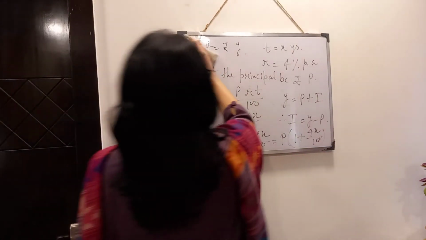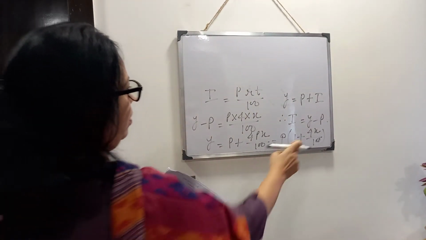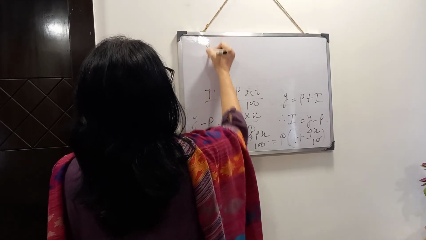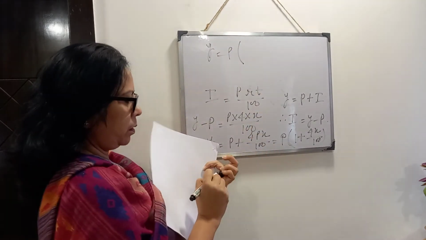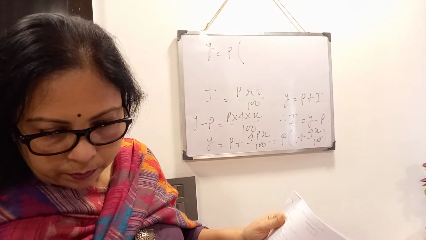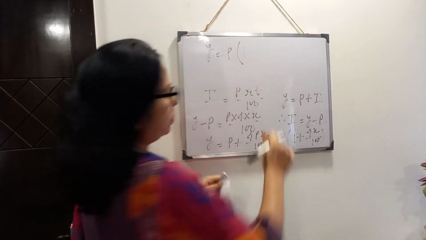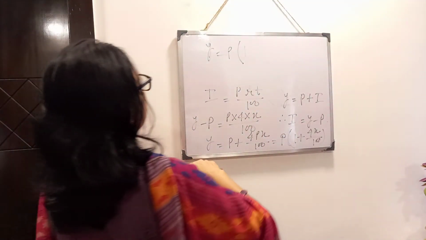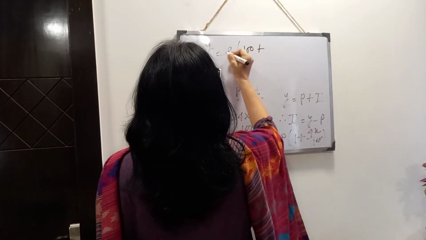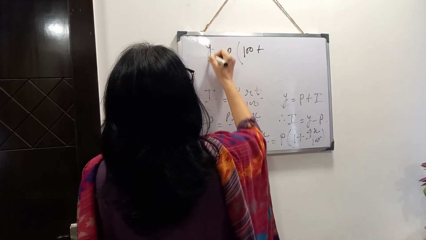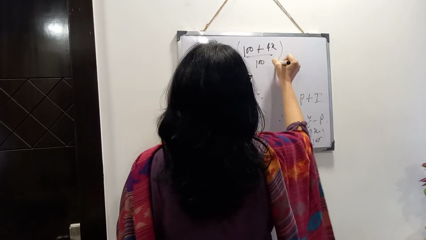Then take the LCM. y equals to P into (100 plus 4x) by 100 after taking LCM.